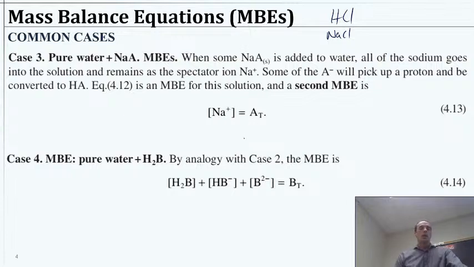Okay? Another thing we could say is if we had a diprotic acid, H2B, this would be the next case to look at. We could say H2B is very similar to the prior case, case number 2, I guess. We would have H2B, we'd have HB minus, and B2 minus.